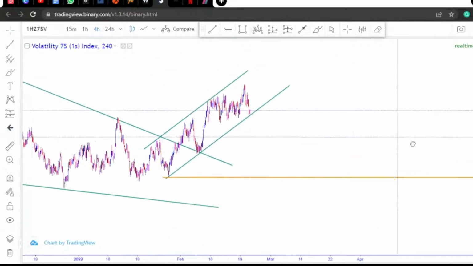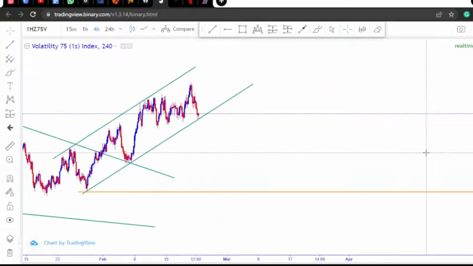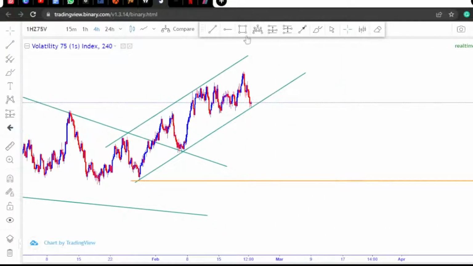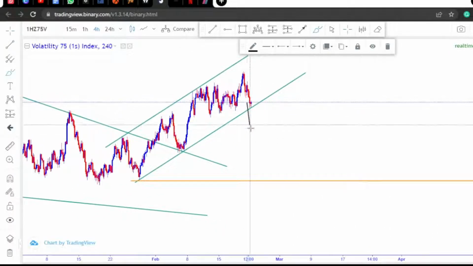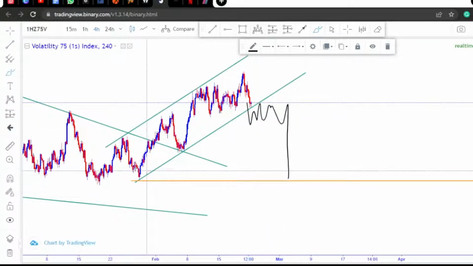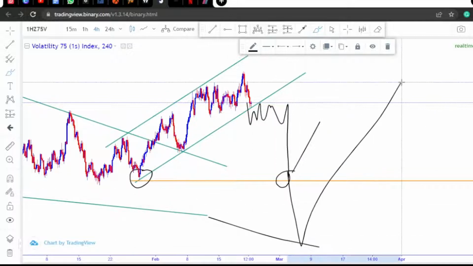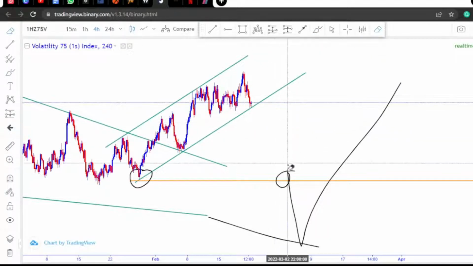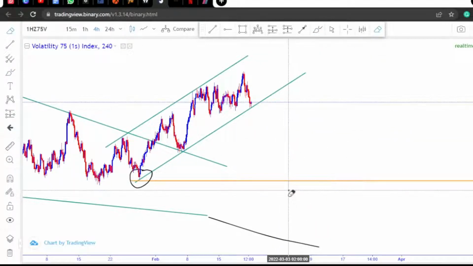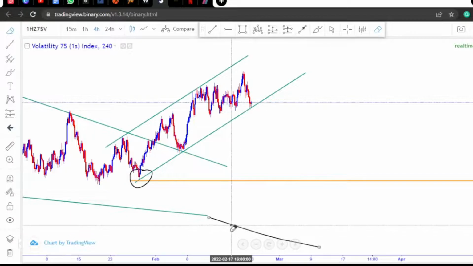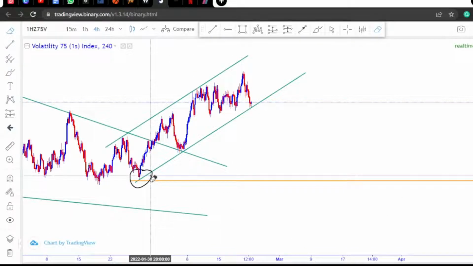Another possibility here is the market could also break, give us some sort of flag, and then come down here, perhaps create a double top before it goes up, or come all the way to the trend line here before maybe it reverses. So we have to cater for all possibilities, because remember, we are not the market makers.